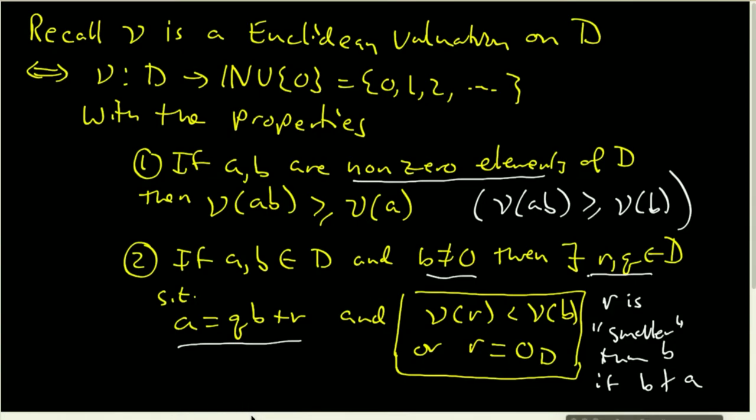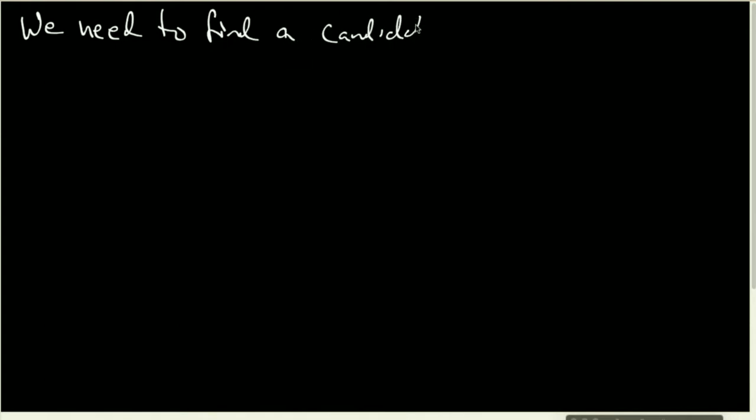And I want to put that in context with the complex numbers. So first of all, we have to find a candidate for nu going from the set of Gaussian integers to the set of non-negative integers that will work.